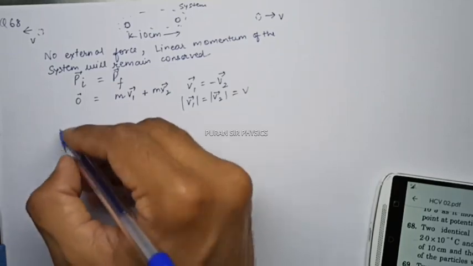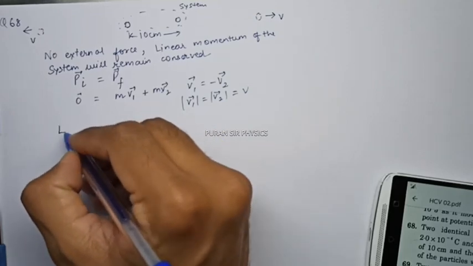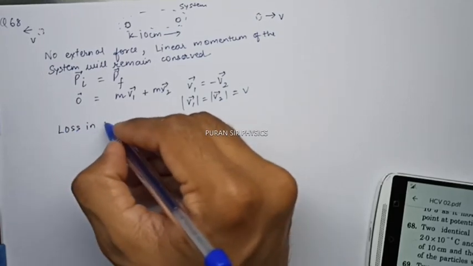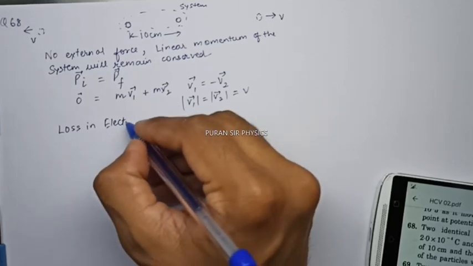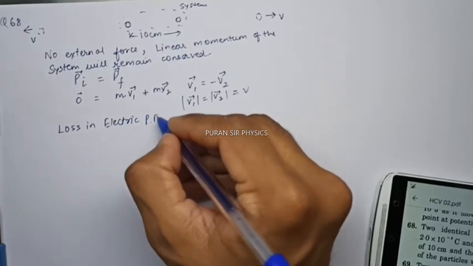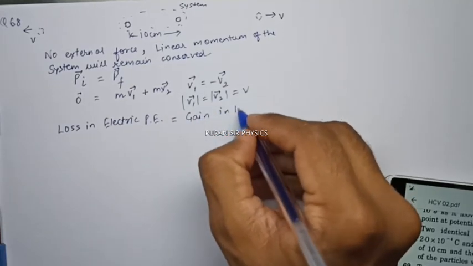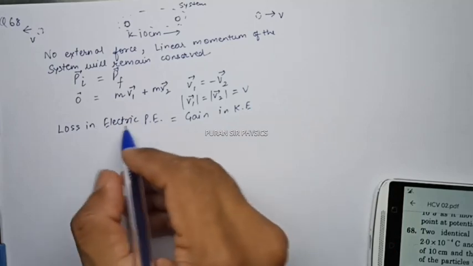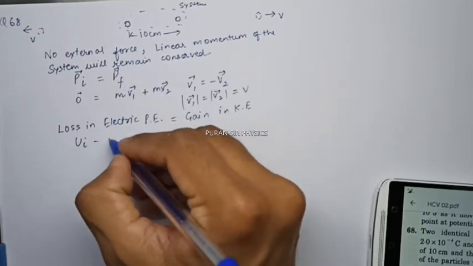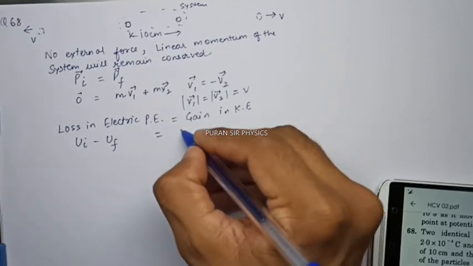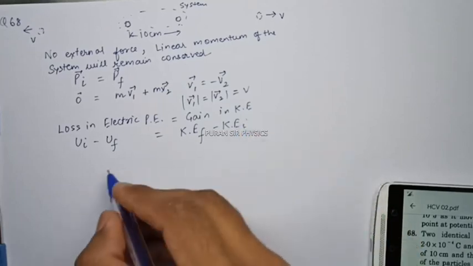So now we can apply conservation of energy: loss in electric potential energy equals gain in kinetic energy of the system. So loss will be U initial minus U final, and the gain will be kinetic energy final minus kinetic energy initial.